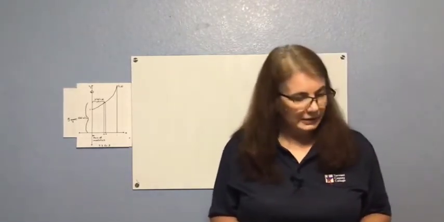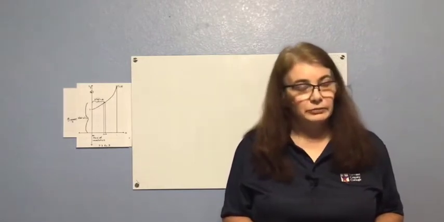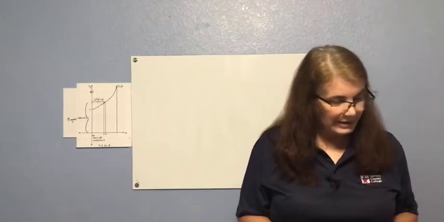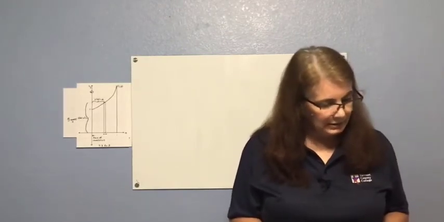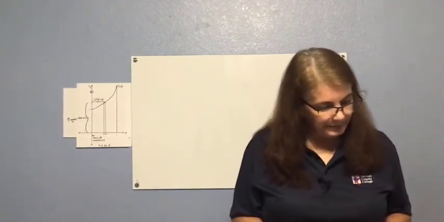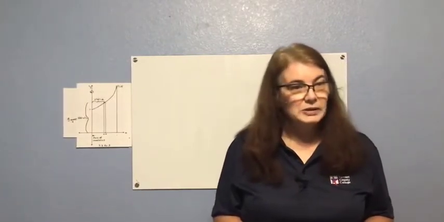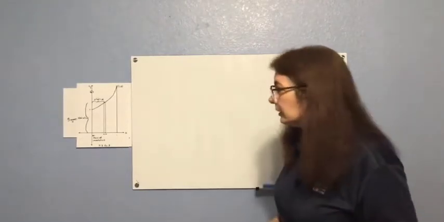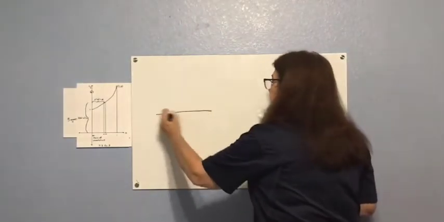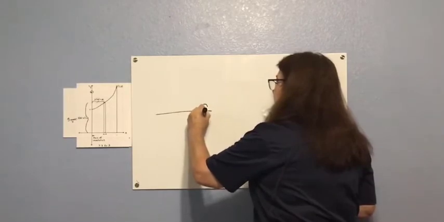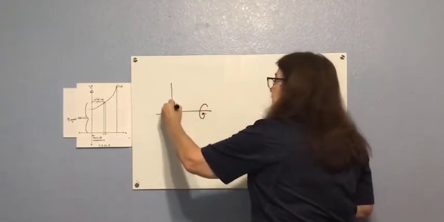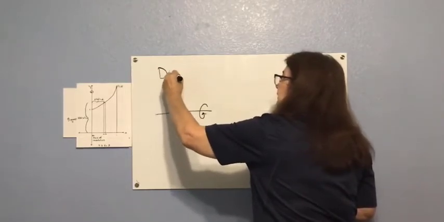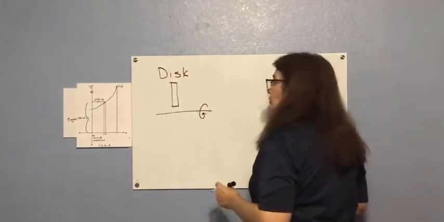For the disk method, the representative rectangle that we draw, with delta x or delta y as the little width of the rectangle, is always perpendicular to the axis of revolution. So for instance, if I'm going to rotate this way, my representative rectangle would look like this. This is the disk method. This also applies to the washer method.